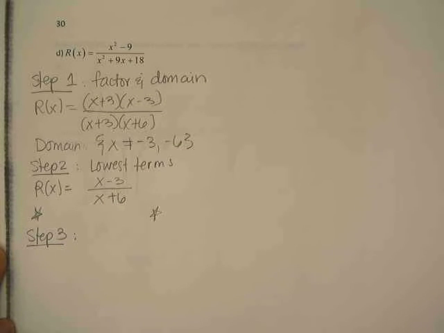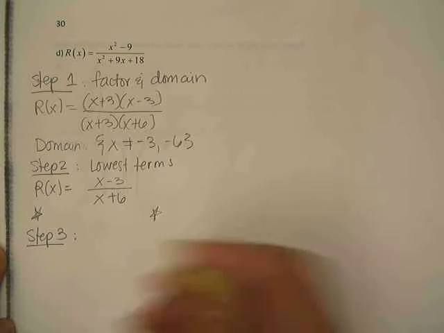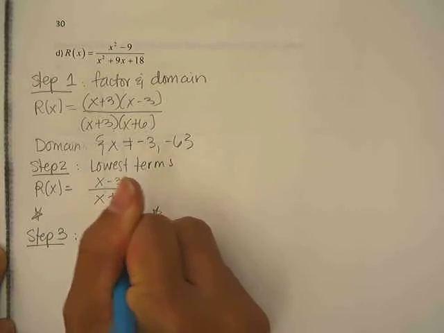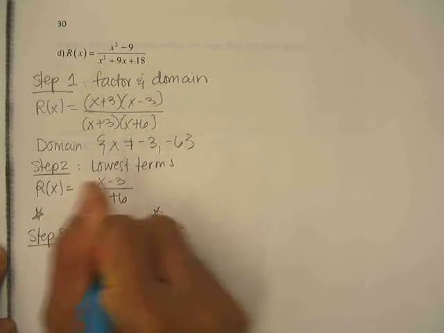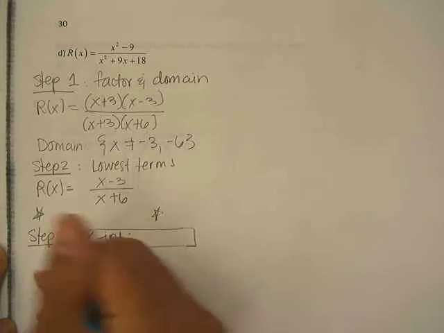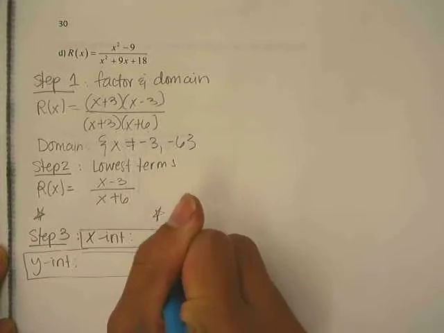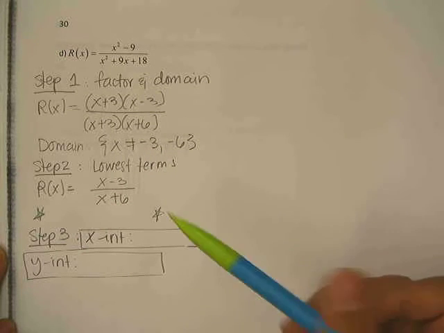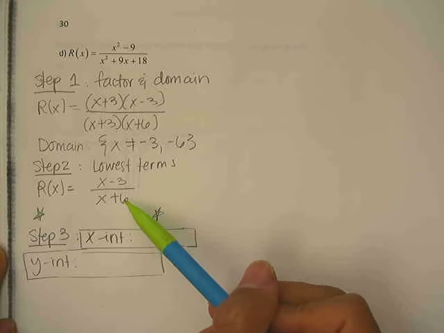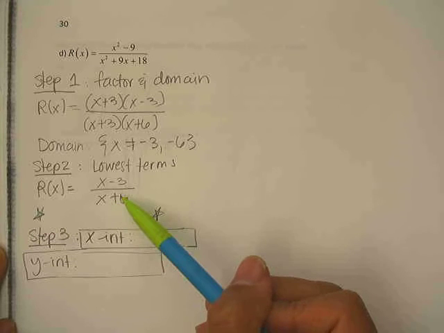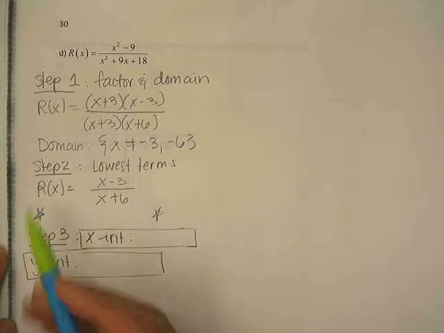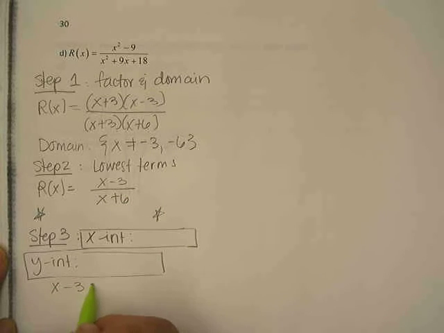Step 3 says locate the intercepts of the graph. So x-intercept, box that up. That's where I'm going to put my final answer. Y-intercept, box that up. That's where I'm going to put my answer. Then it is asking you to find the x-intercept. That means I'm going to take my numerator and set it equal to 0.